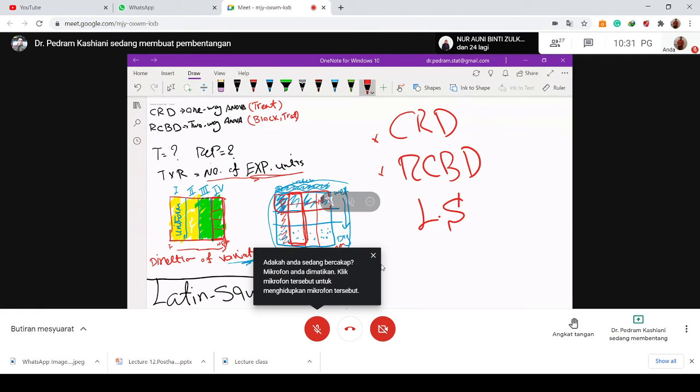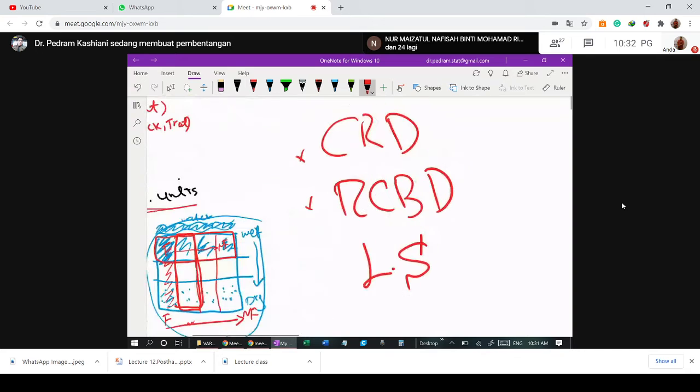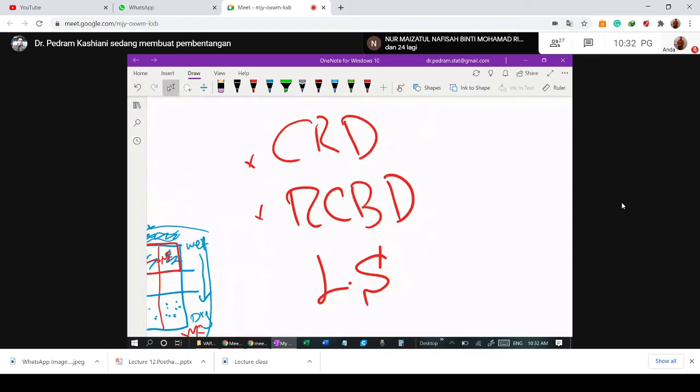So in the next lecture, which is important, we want to use something that is not a design, it is an arrangement of treatment. Imagine that I want to have two different types of treatment in one study. For example, my treatments are variety 1, variety 2, variety 3, fertilizer 1, fertilizer 2.